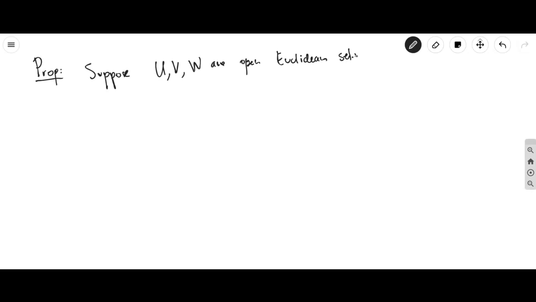So let's remove this, okay? And I want to write a proposition over here. So suppose U, V, and W are open Euclidean sets, possibly different dimensions.